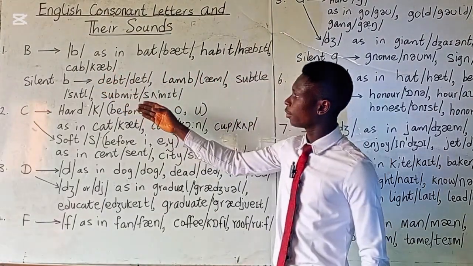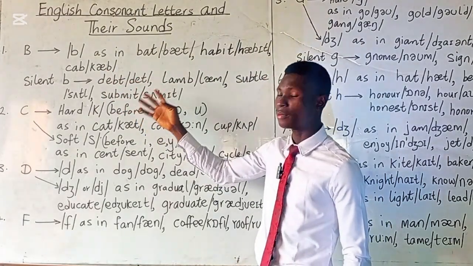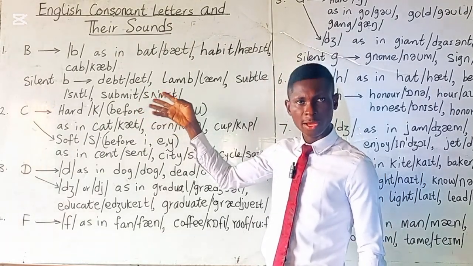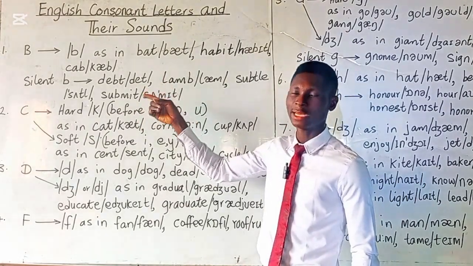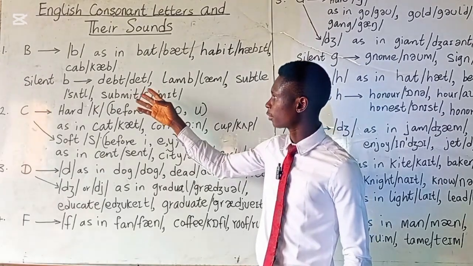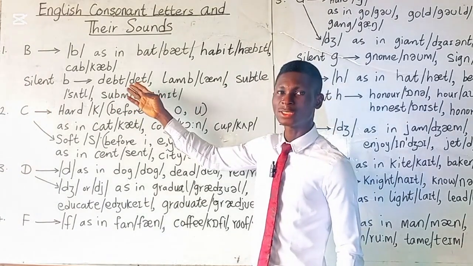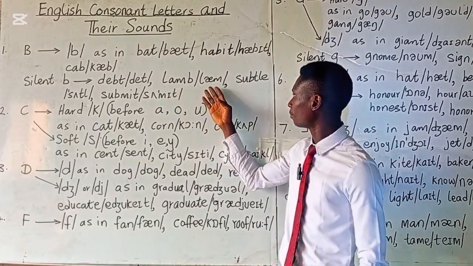Then in some words we have letter B, but the letter B is not realized, meaning that letter B in these words is silent. And examples of such words are death. This is not depth, but death. We have lamb.